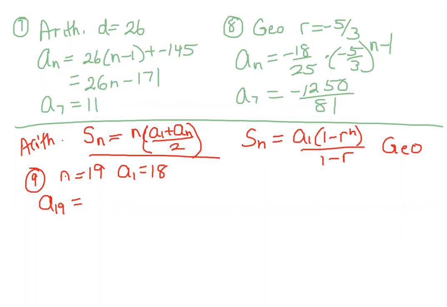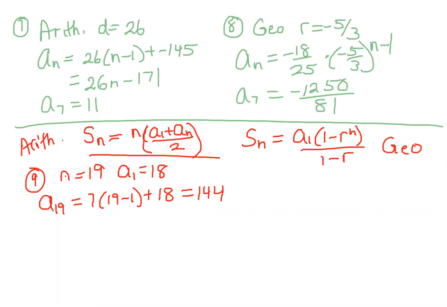Looking at that, D is 7. So we're going to say 7 times 19 minus 1, plus 18, equals 144. Let me make sure I'm doing that right. 7 times 18 plus 18 equals 144.